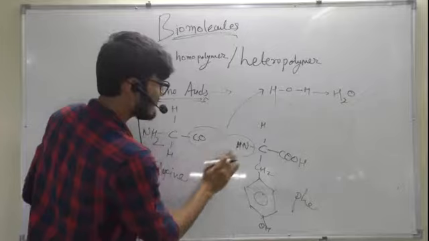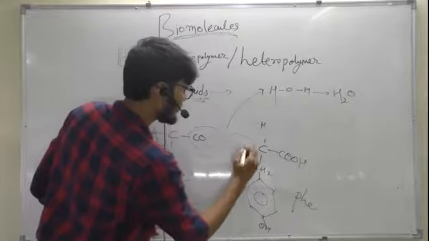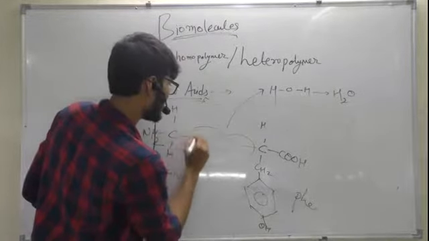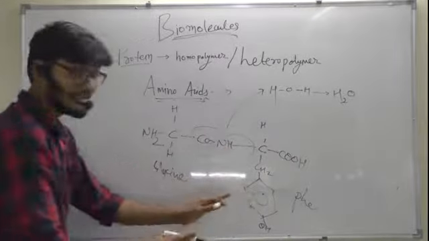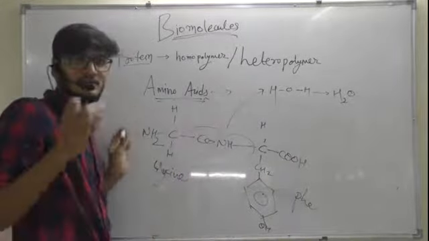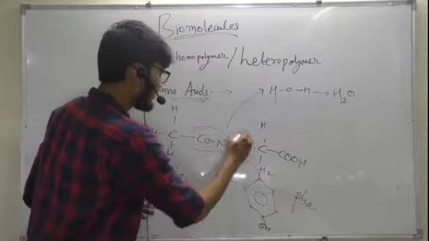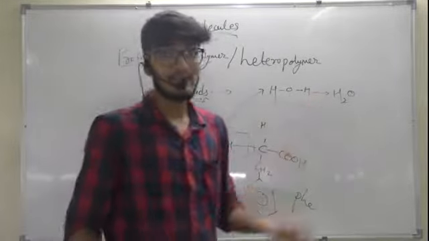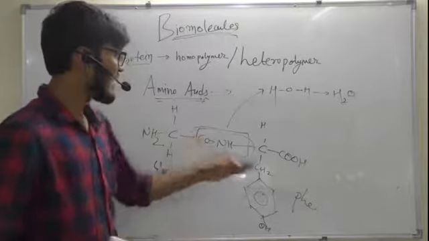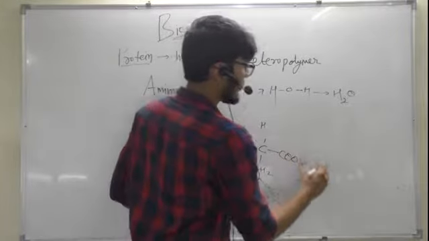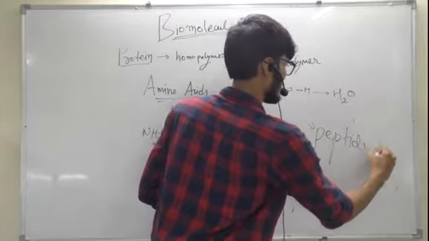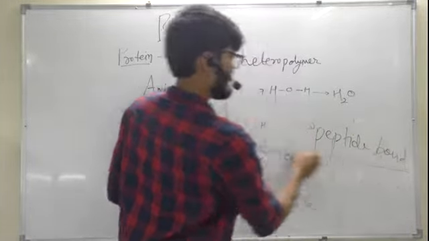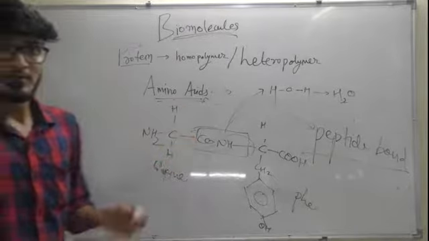They will be bound to each other by this bond, CO-NH, and so these two amino acids will be linked to each other. This bond, formed when water is released as two amino acids bind, is known as your peptide bond. This is your peptide bond.